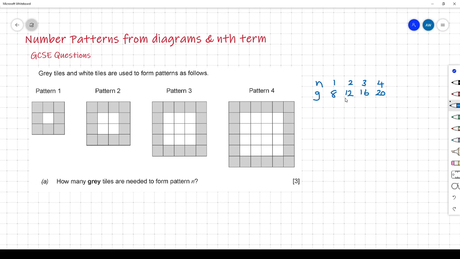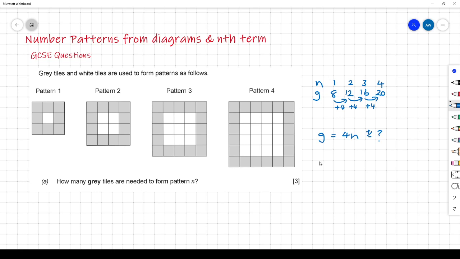Okay, so what's the first thing we do? We look at the difference and we double check the first 3 differences: plus 4, plus 4, plus 4. So we know the number of grey tiles, G, equals 4 times the position number, at least, plus or minus something else possibly.